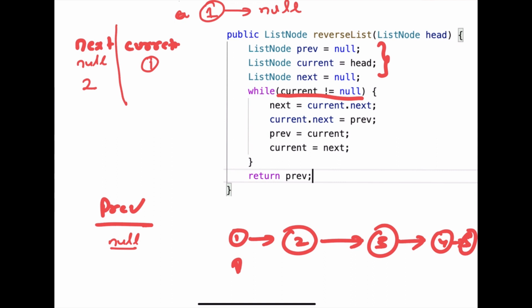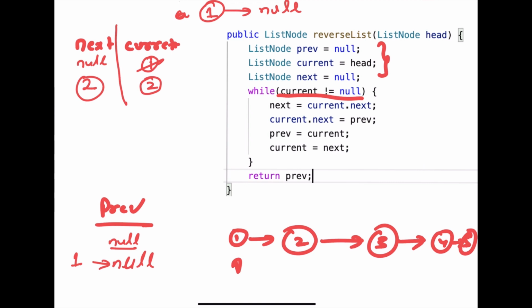So previous will have value 1 next to null. And now current will be equal to next. Next has value 2. So 2 is not just the value 2 here, it's the complete list from here. So now we will update current with 2.